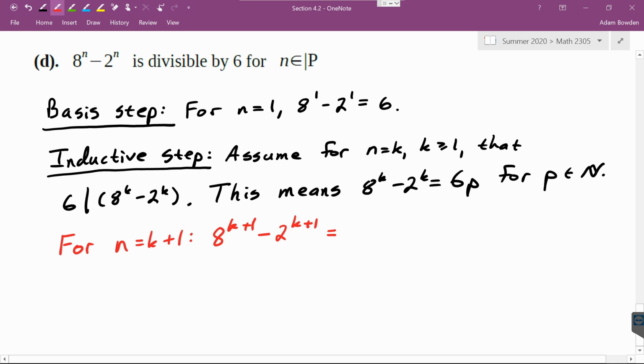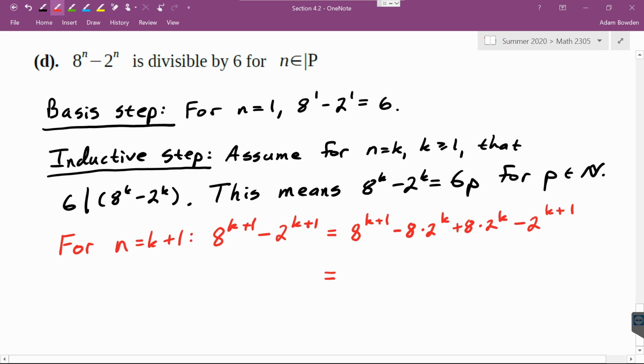Now rewrite this as 8 to the k plus 1, and then in the middle I'm going to put a minus 8 times 2 to the k and a plus 8 times 2 to the k. I'm adding and subtracting the same thing, not changing anything, but adding some extra things that I might be able to factor and manipulate.